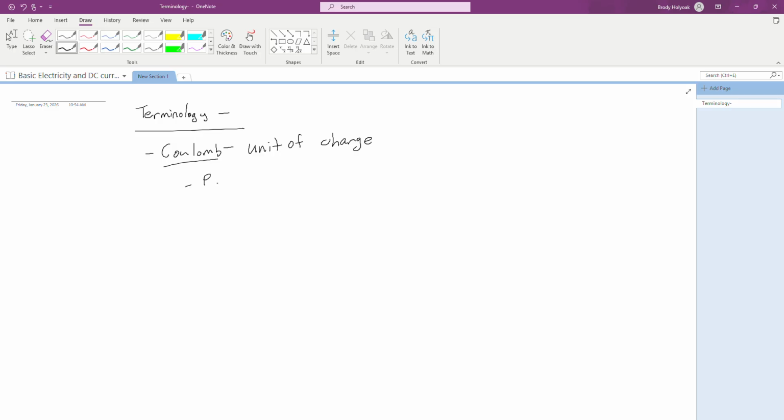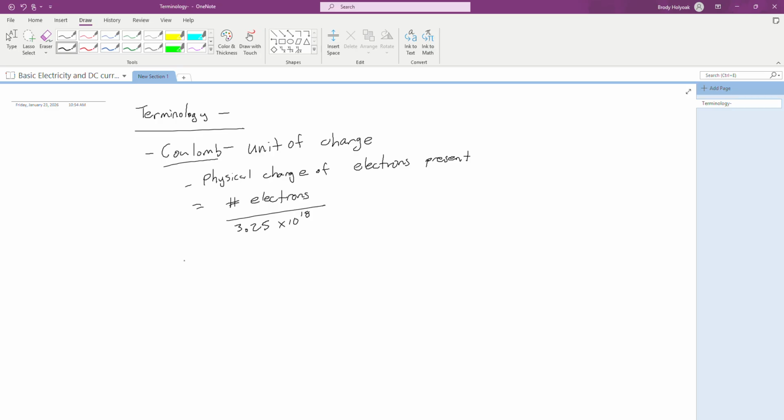So it is the physical charge of the electrons present in a specific area. And what that comes out to be is the number of electrons present divided by 3.25 times 10 to the 18th electrons.